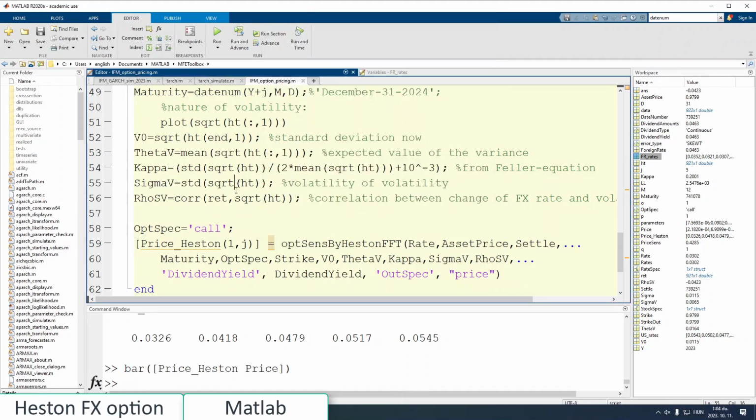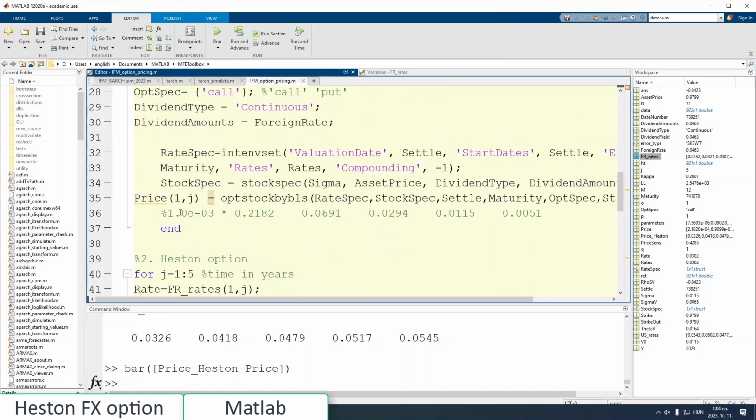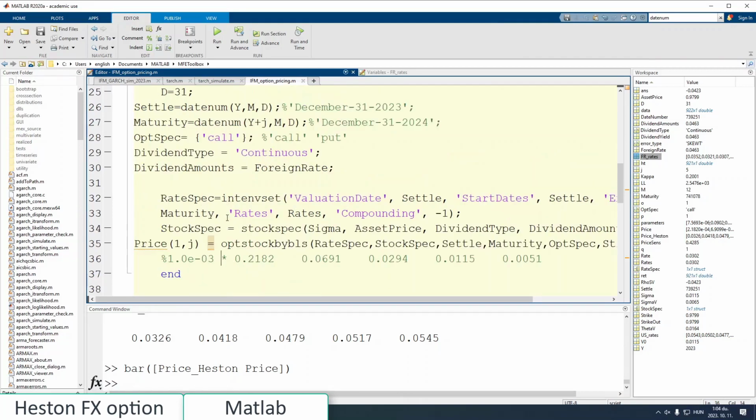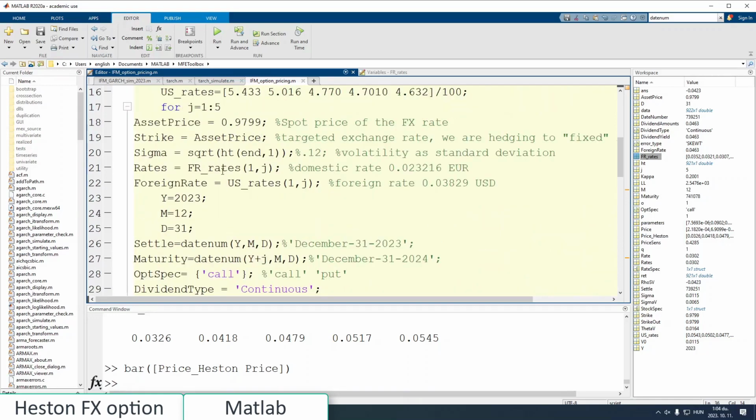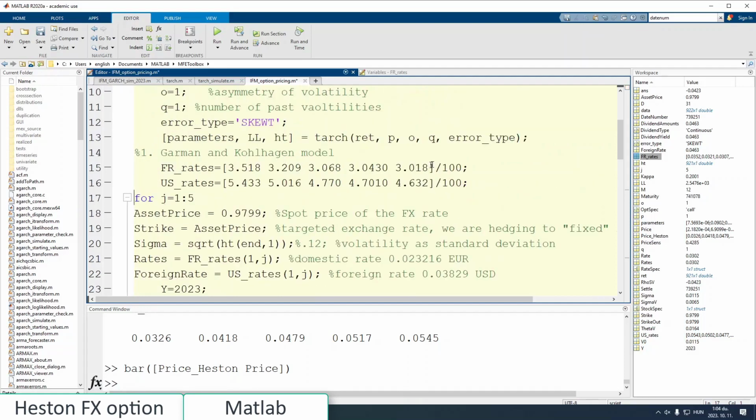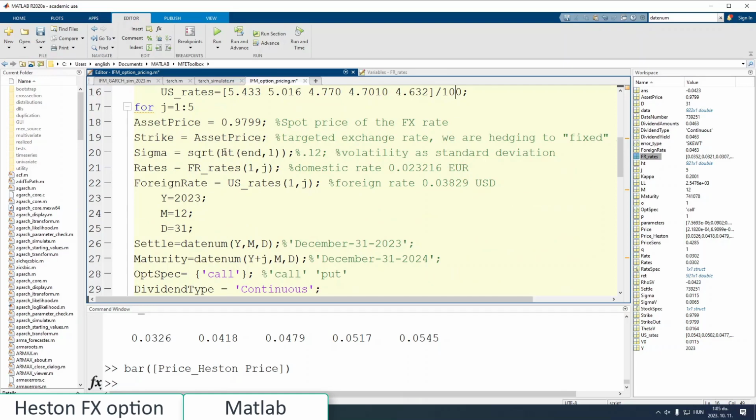The other is ridiculously cheap, because we are dividing by 1000, so somehow this is too cheap. Okay, dates are good, rates are also good, asset price, so good, we are dividing by 100, it's also reliable there.